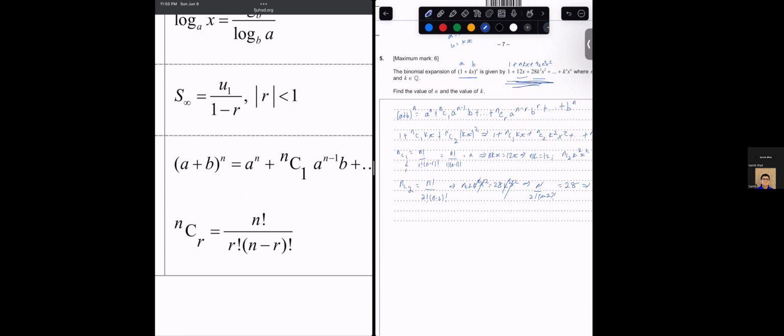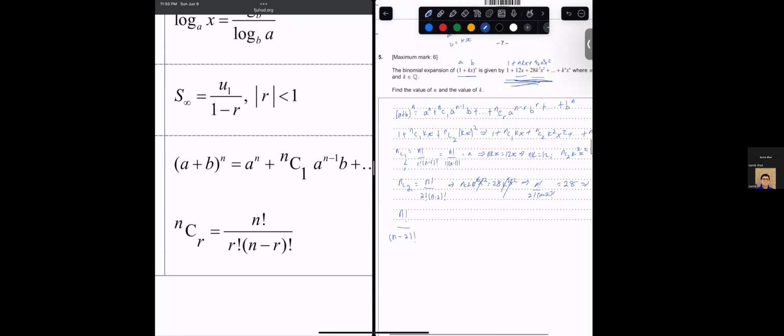So now let me teach you guys some more. n factorial upon n minus 2 factorial is essentially what we've got now, because 2 factorial is 2 into 1, so we have 2. So we can just bring out the 2 over here. Let me get this organized, 1 second.